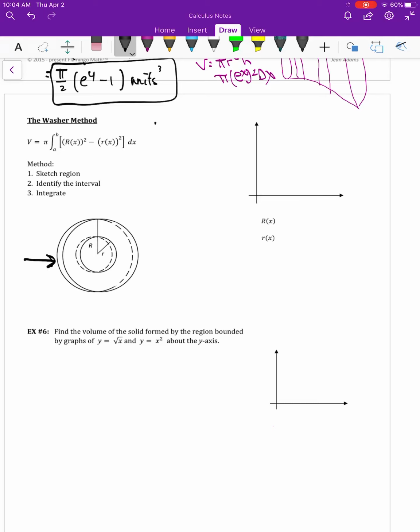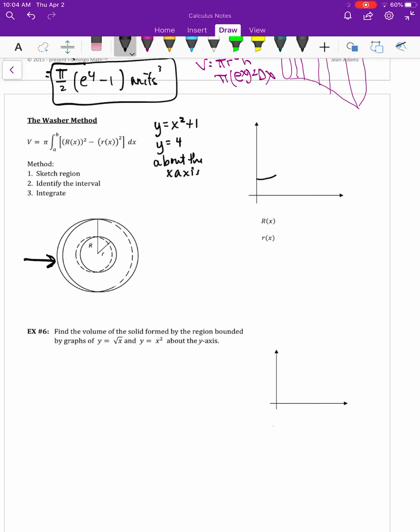And so I made up a little problem for this one just to kind of walk you through what the washer method is. So I made up the problem taking the region y equals x squared plus 1 and y equals 4 and spinning it about the x-axis.